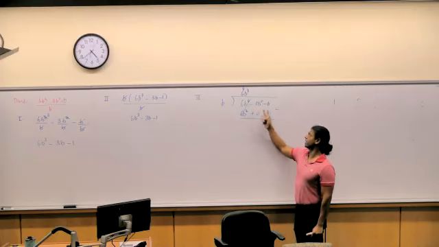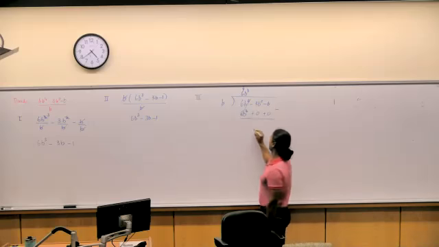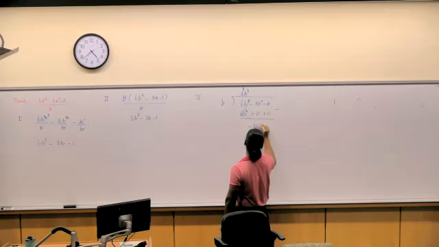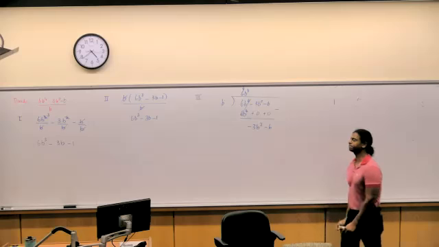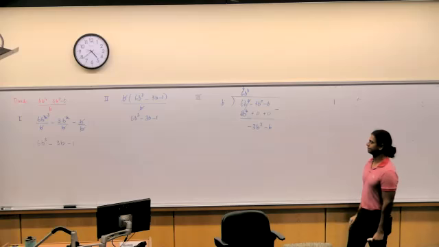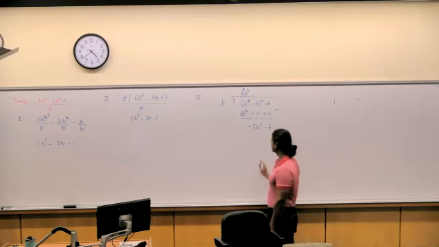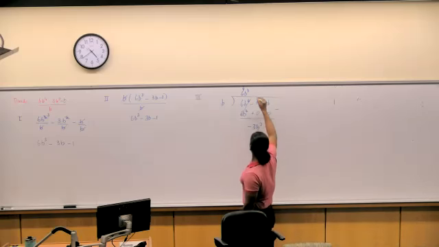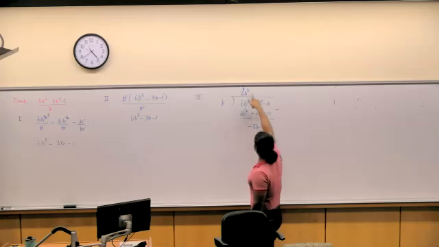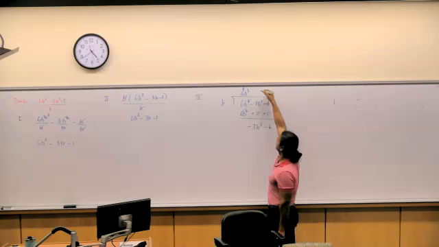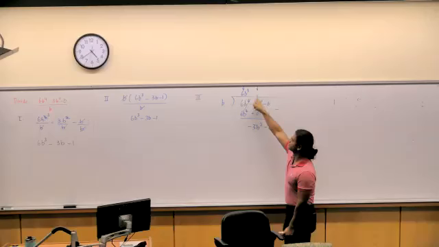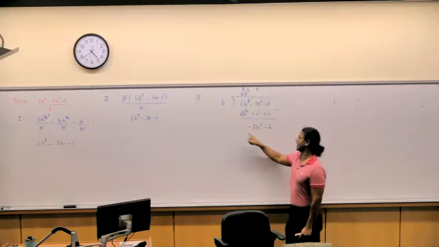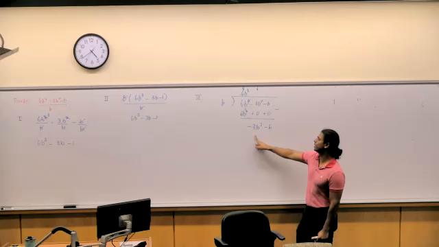Negative 3b squared minus 0. Negative 3b squared. Negative b minus 0. I get negative b. Good. You have to come up with a number or an expression there, so that when I multiply with b, I get negative 3b squared.